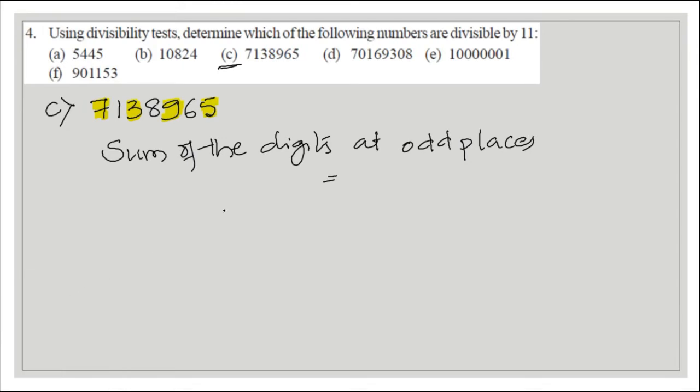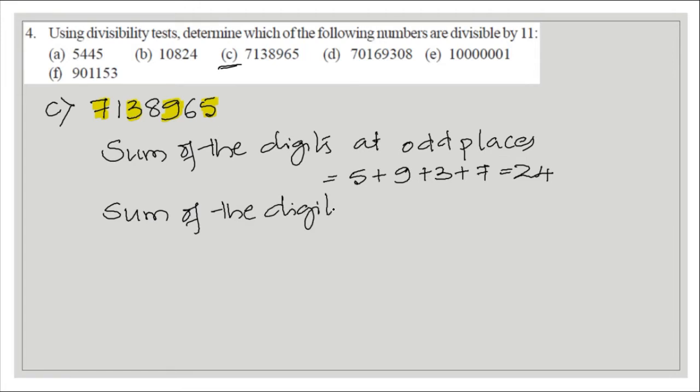Let me add them. I'll write it as 5 plus 9 plus 3 plus 7. The sum is 24. And the sum of the digits at even places, the digits at even places are the remaining digits 6, 8 and 1.